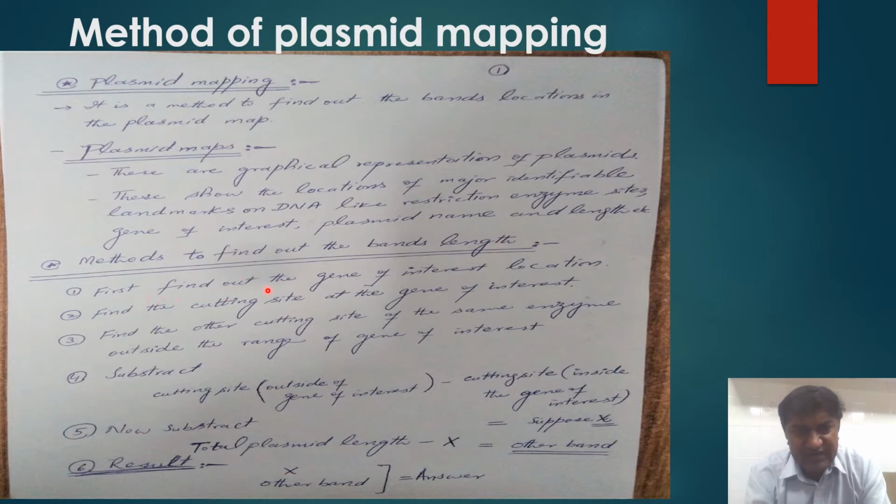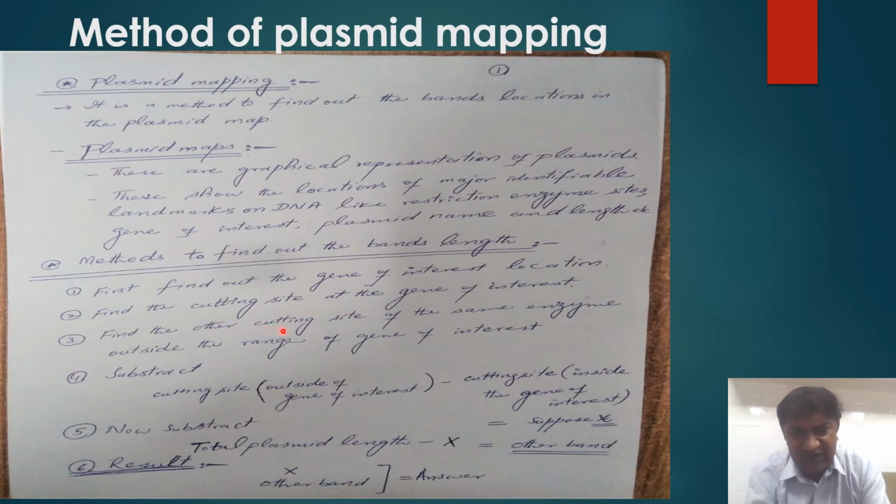Method to find out the plasmid band length. First find the gene of interest location. Find the cutting site at the gene of interest. Find the other cutting site. First of all, you need to find out the cutting site on the gene of interest.